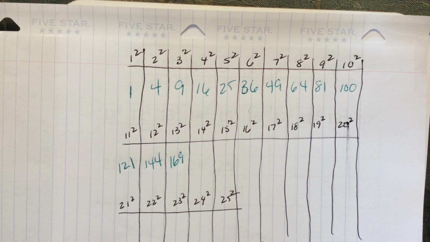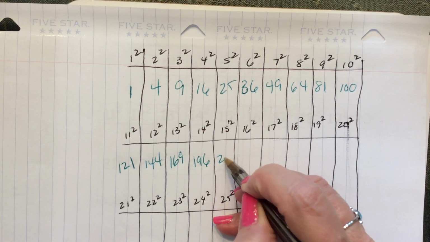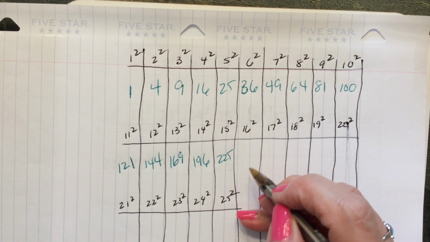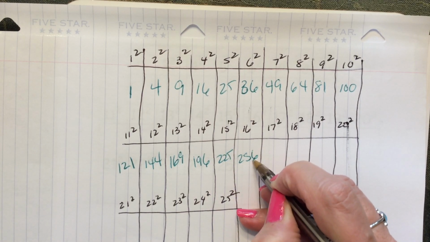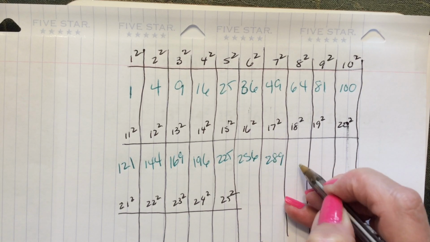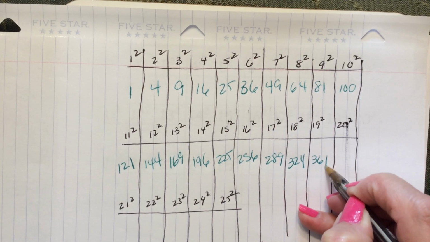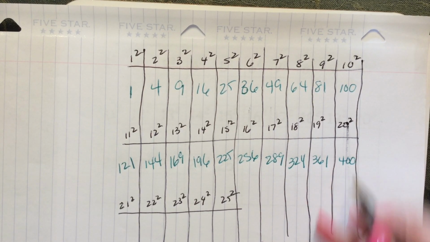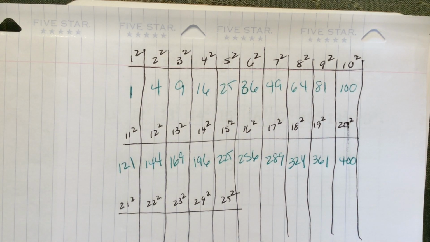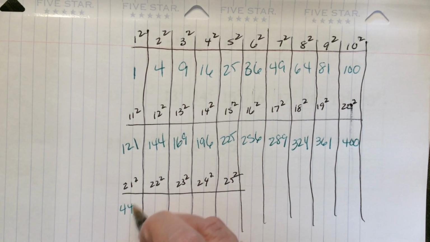Okay, and now we get into the ones that are tougher to know, and this is where you're going to have to start to memorize these. 14 squared is 196. 15 squared is 225. 16 squared is 256. Then we have 289, 324, 361, 400, okay?